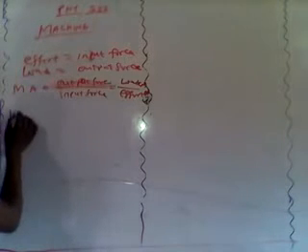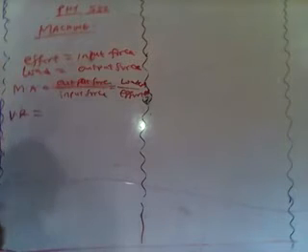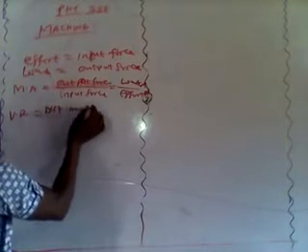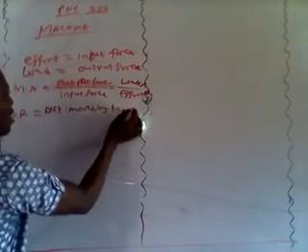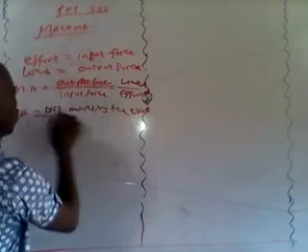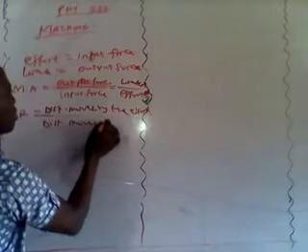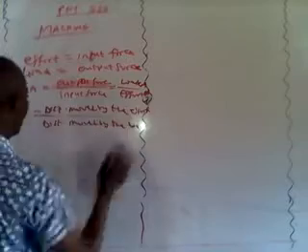And we also talked about the velocity ratio of the machine, which is the ratio of the distance moved by the effort to the distance moved by the load. That is, the distance moved by the effort over the distance moved by the load.